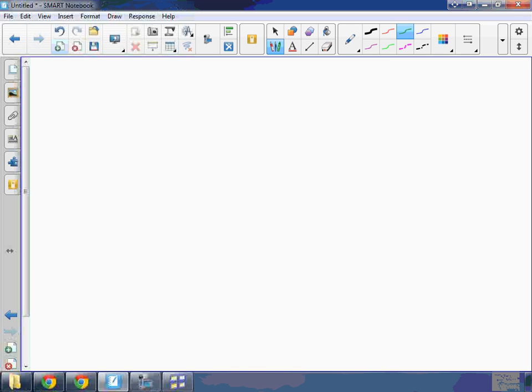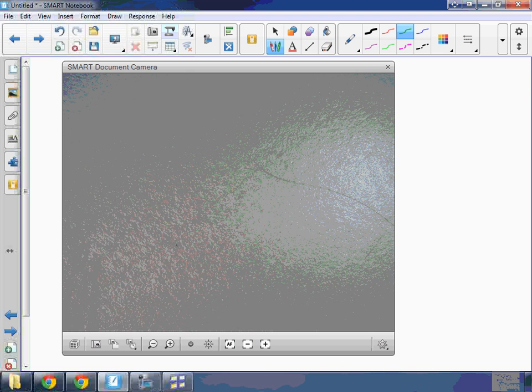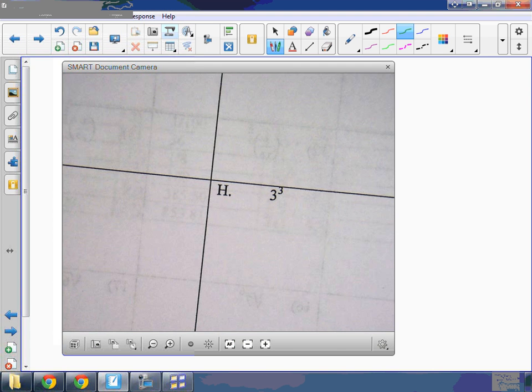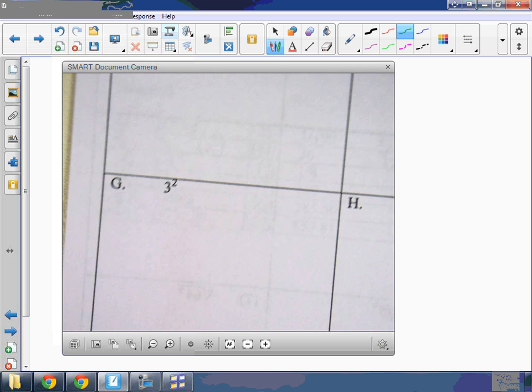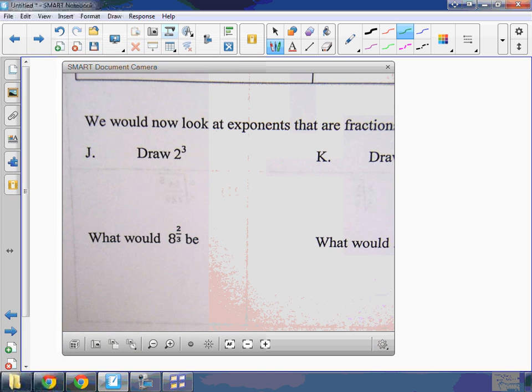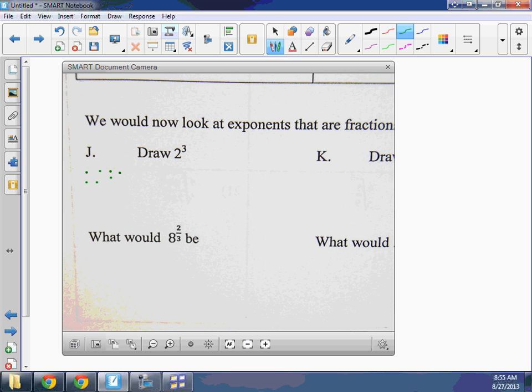So let's look at part J. So in 2 to the 3rd, there are 2 ways to draw 2 to the 3rd that we looked at. Let's do a better job than that. Okay, that's one way to do 2 to the 3rd. The other was to do this.